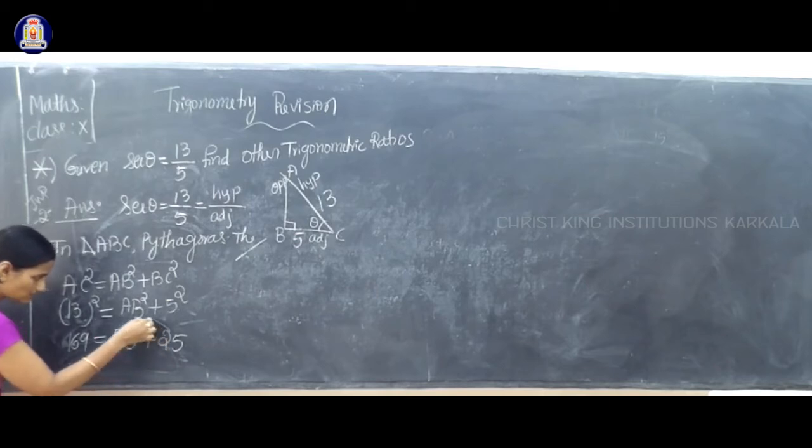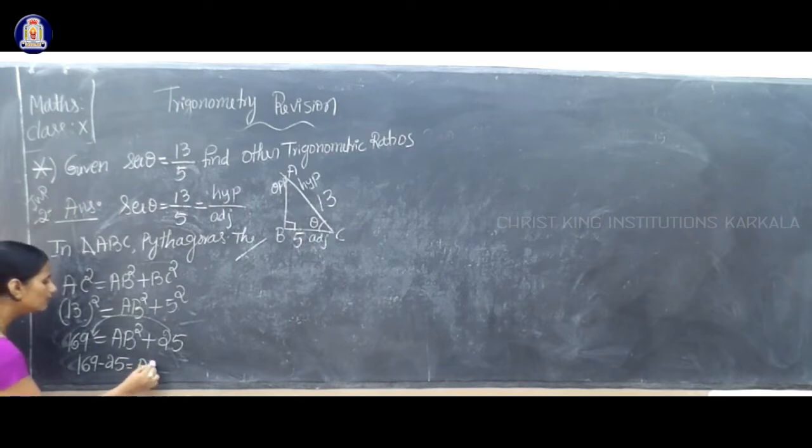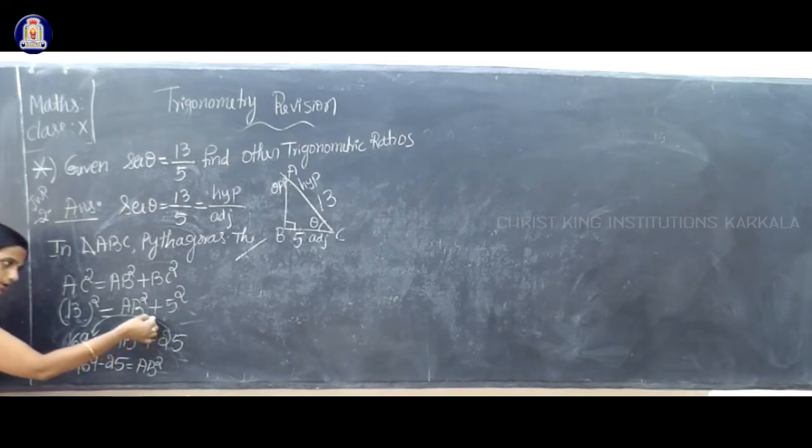Bring this number to this side, doing the same as the previous question. So 169 minus 25 is equal to AB square. I am not changing the method. There also I brought the number to this side.